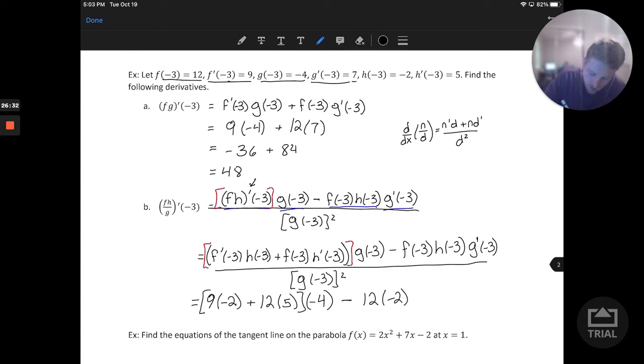And then finally, g prime of -3 is 7. All divided by g of -3, which is -4, squared.